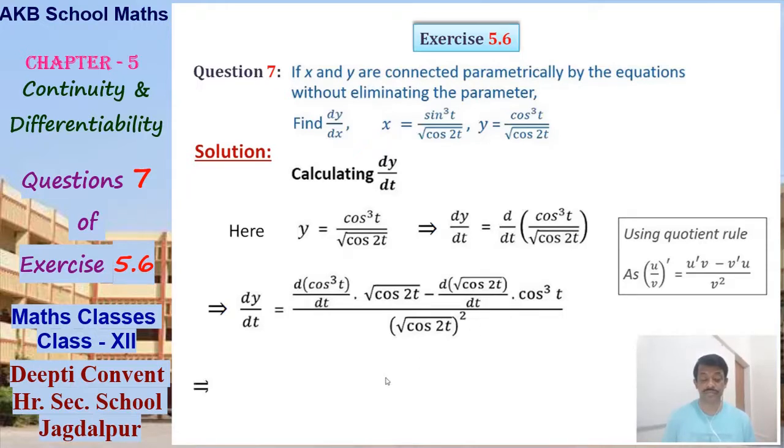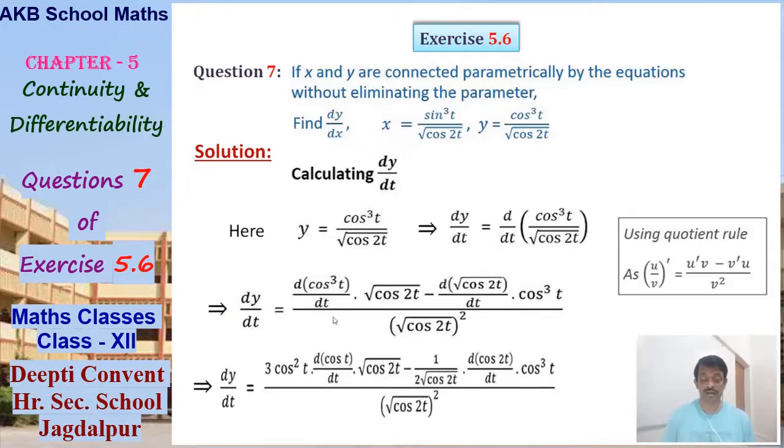Now differentiating cos³t gives 3cos²t into d/dt of cos t, again root of cos 2t, minus. Here also it is a square root function, so 1 upon 2 root cos 2t, then differentiate cos 2t also, and cos³t upon this. Clear?